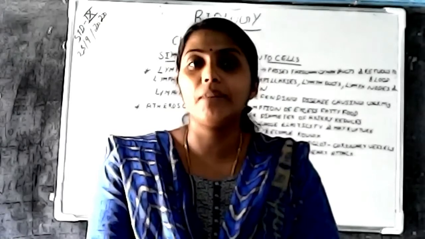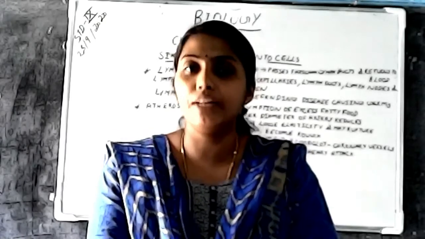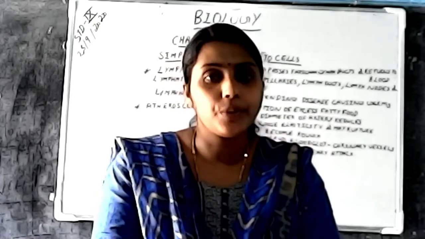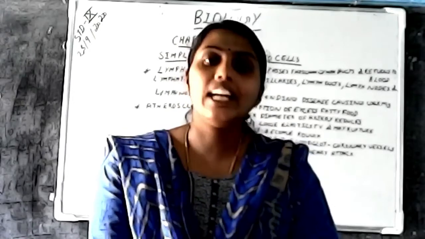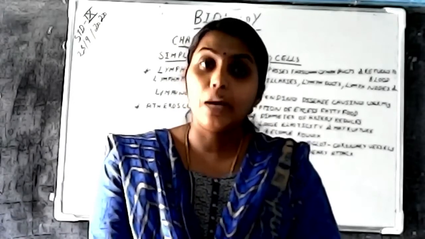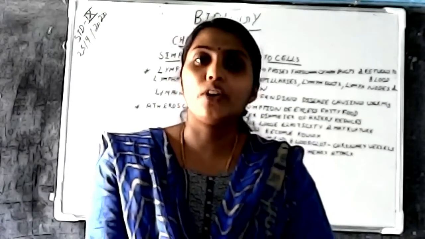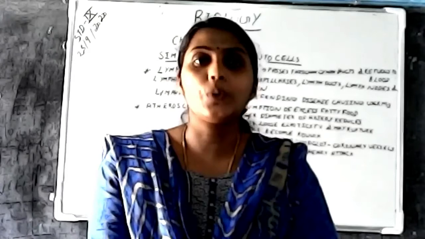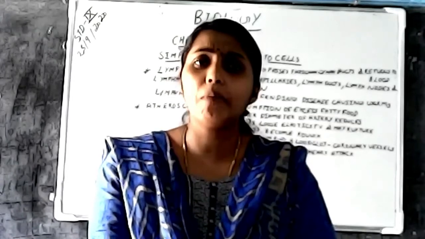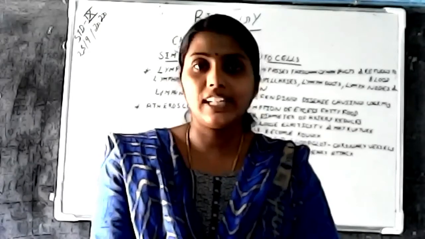The absorption of fatty acid and glycerol takes place by the lacteal, or the lymph capillaries. So the transport of this fatty acid and glycerol to the cells takes place with the help of the lymph. Is it clear for you?